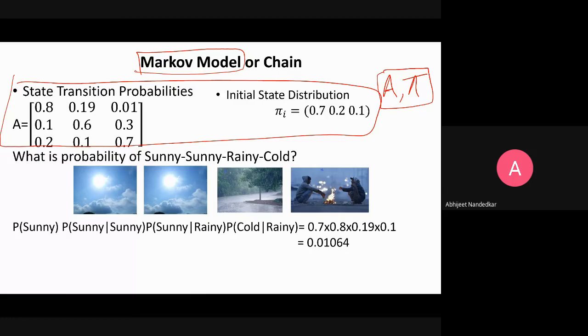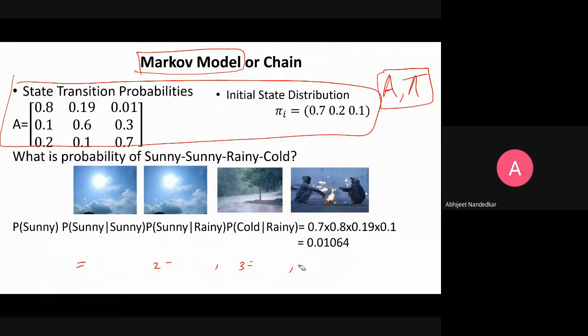That means day 1 is sunny, day 2 is again sunny, day 3 is rainy, day 4 is cold. If this is the question, how can you find the answer?